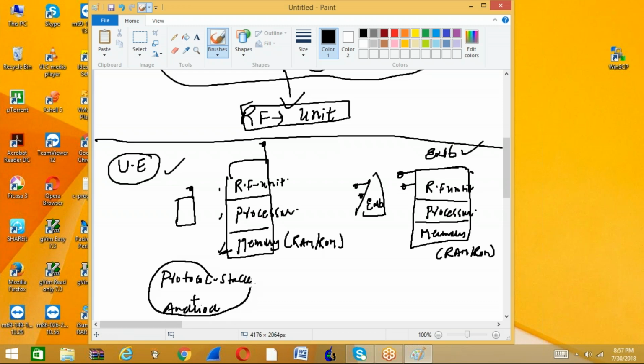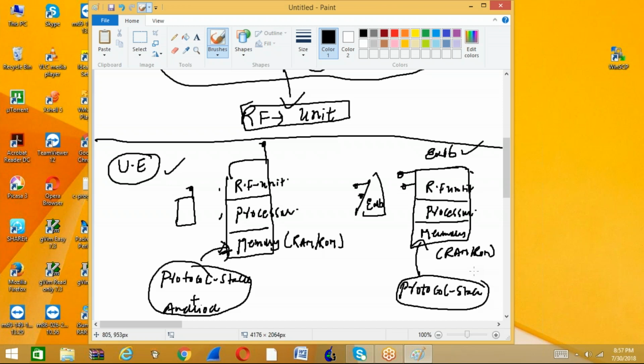Your protocol stack and Android software are present inside this memory. So in this memory, the protocol stack, that is the software, is present.